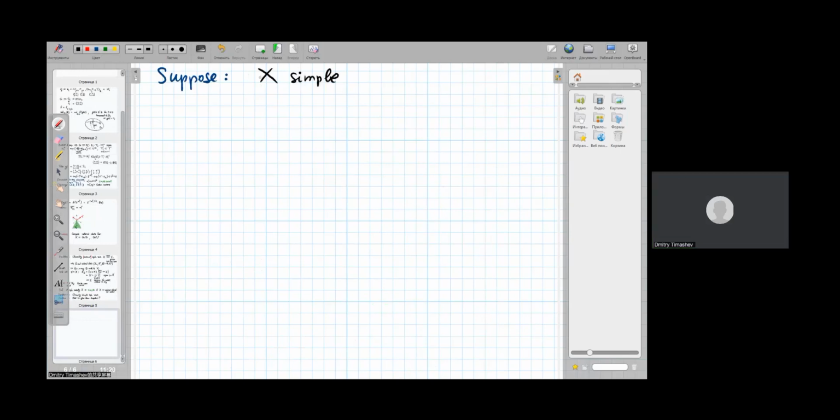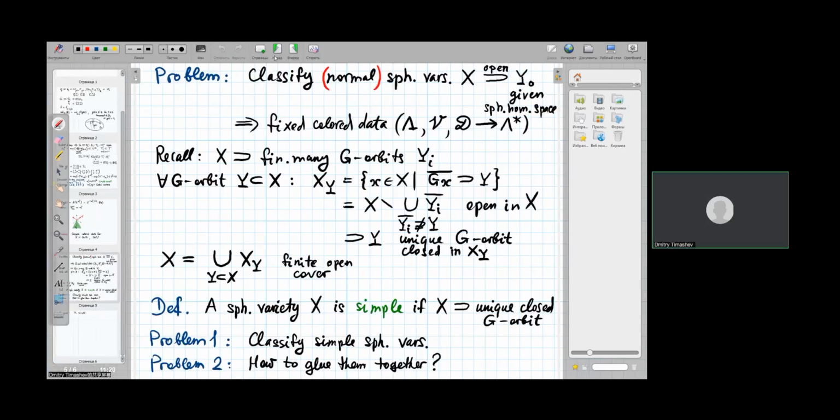Well, simple means X is already a spherical variety, right? Yes. Of course, you may give a definition in bigger generality, but for me it suffices to consider spherical varieties, so for me simple is automatically spherical. The definition can be generalized, but I don't need it.